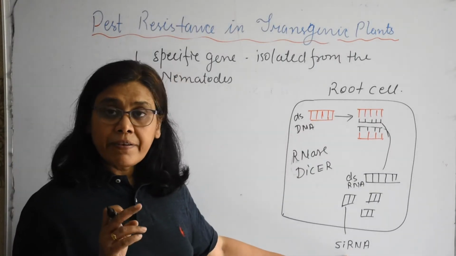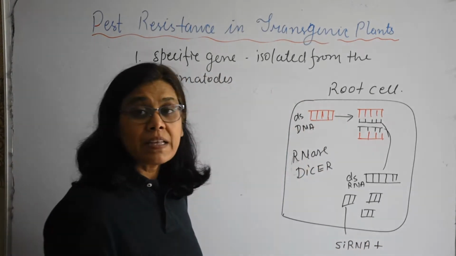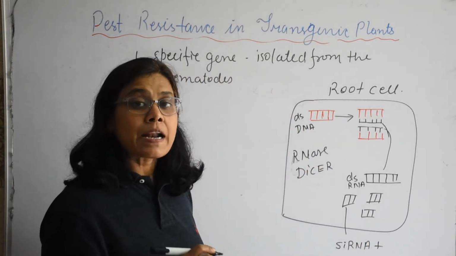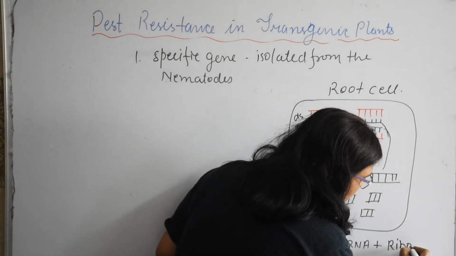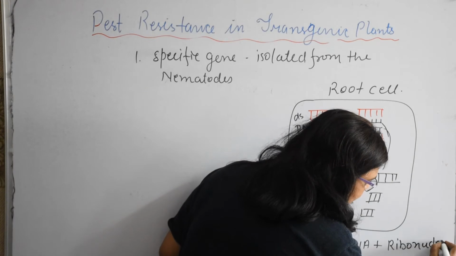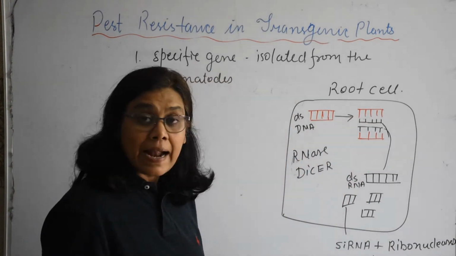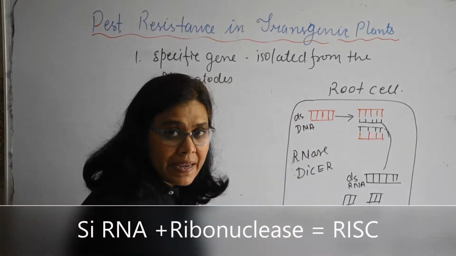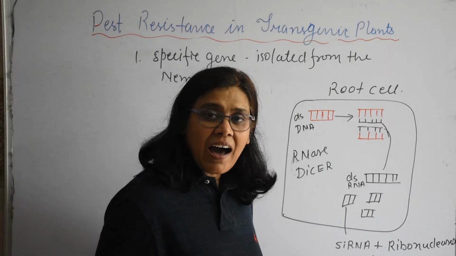These small interfering RNAs will form a complex with an enzyme called ribonuclease, and that complex is called RISC.